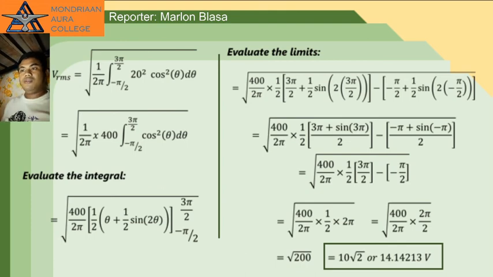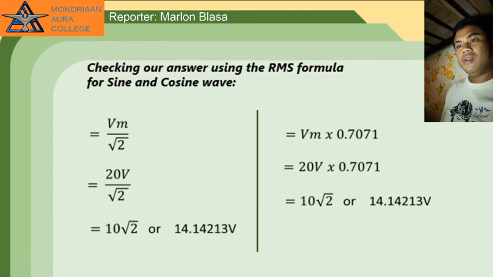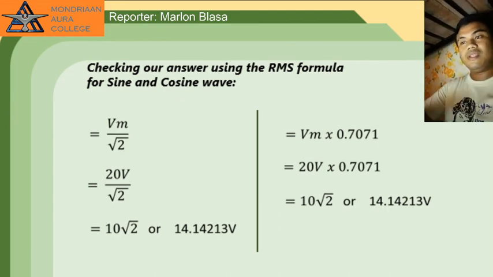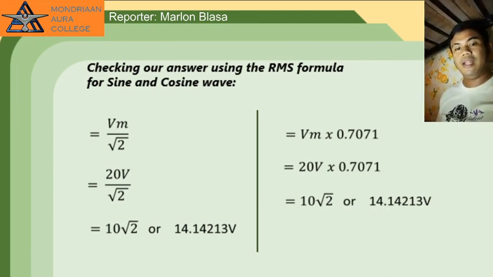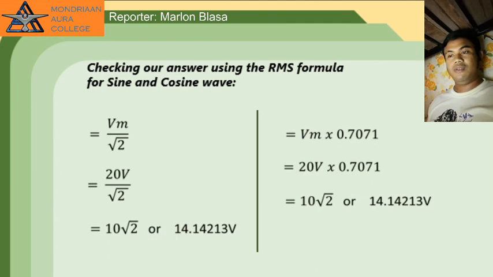Ngayon, check naman po natin yung sagot natin kung tutugma siya dun sa general formula ng sine and cosine wave. Kasi nga, di ba yung sine and cosine, parehas lang sila ng formula na Vm over square root of 2 or Vm times 0.7071.